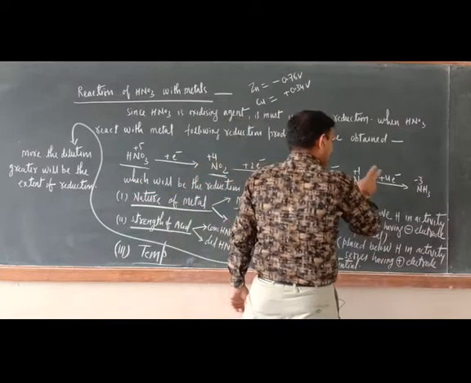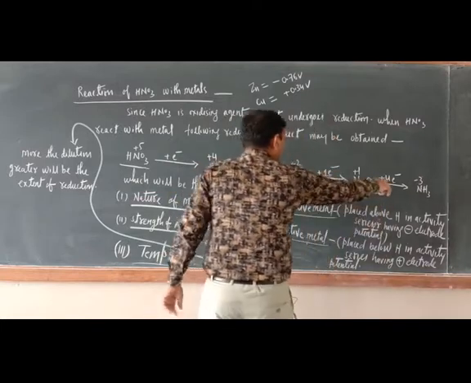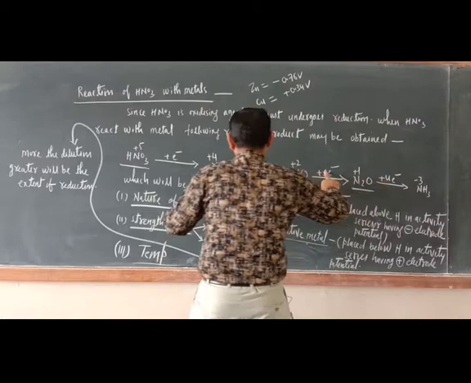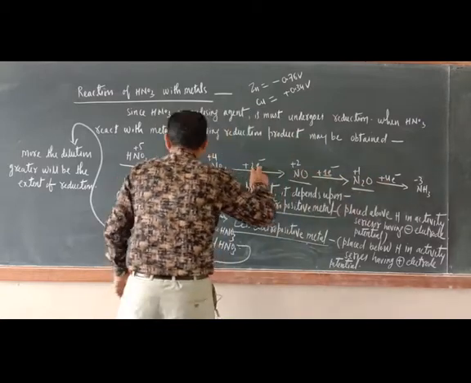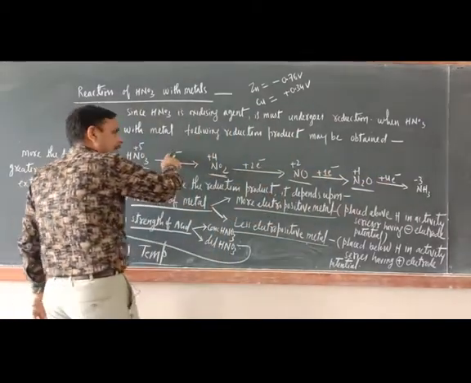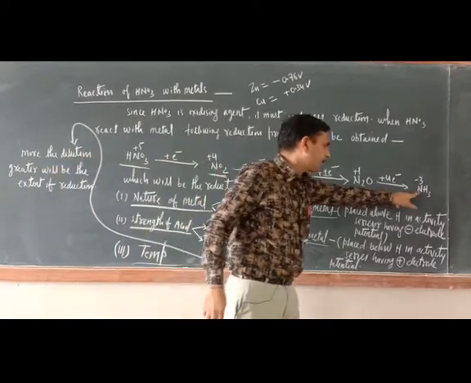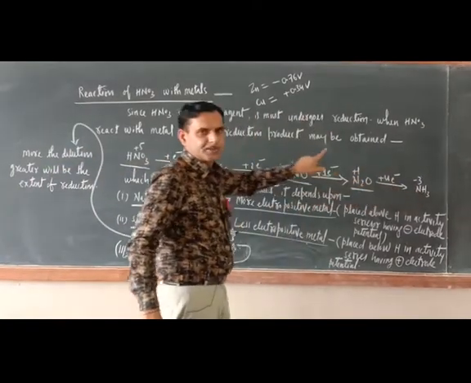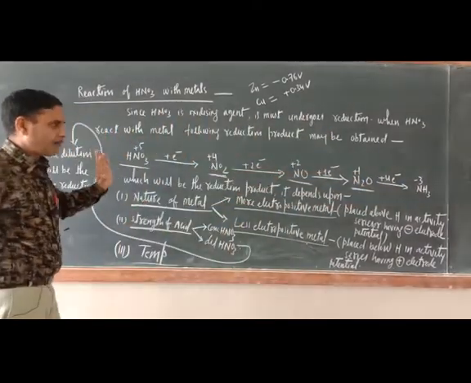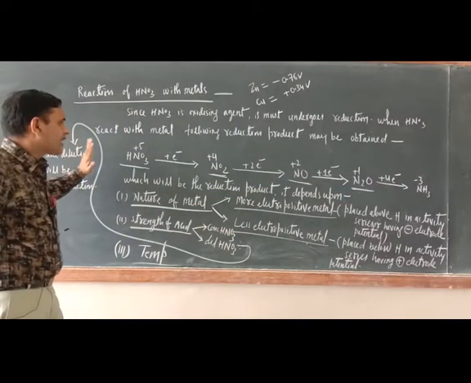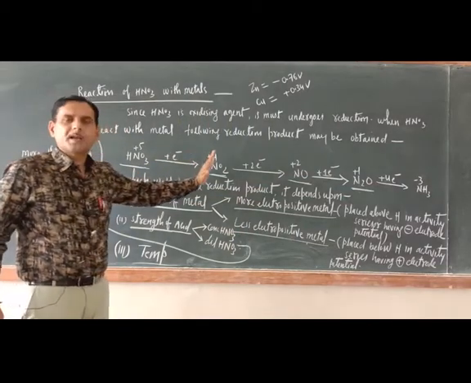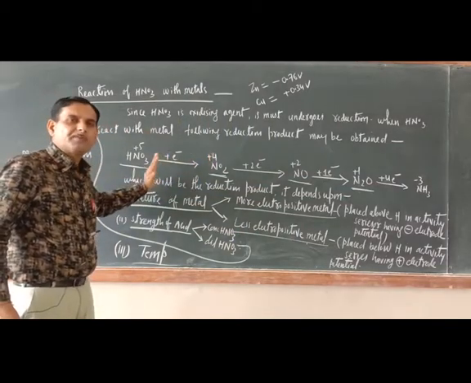When it gains, remember, 4 plus 4 is 8 electrons, its reduction product is NH3. Are you getting my point or not? These are the possible reduction products of HNO3.